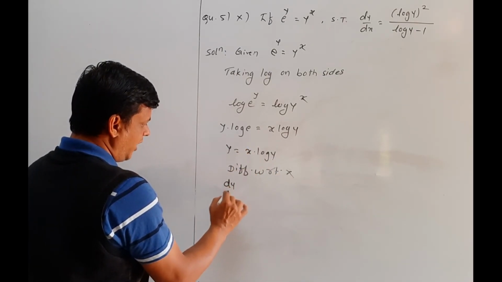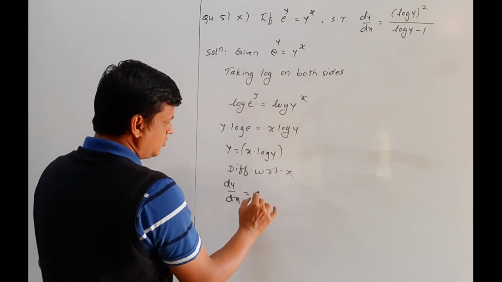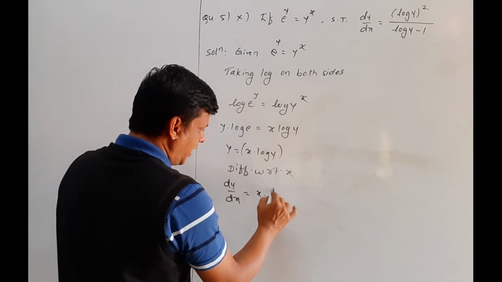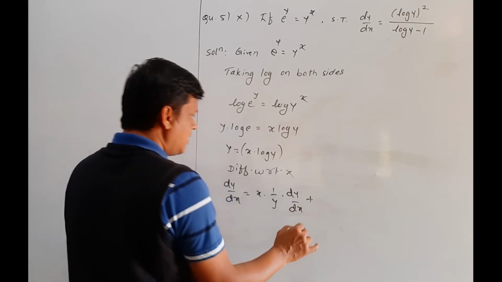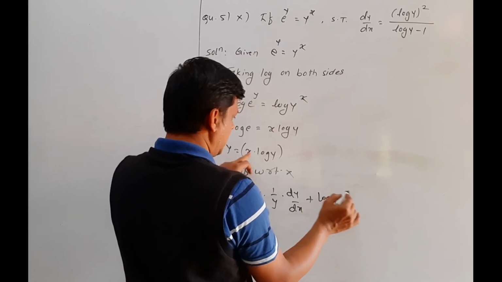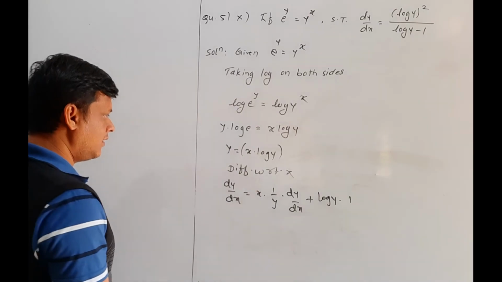The derivative of y with respect to x is dy by dx. Here we have to apply the product rule. So first function into derivative of second: the derivative of log y is 1 by y into dy by dx, plus second function, that is log y, into derivative of first. The derivative of x with respect to x is 1.